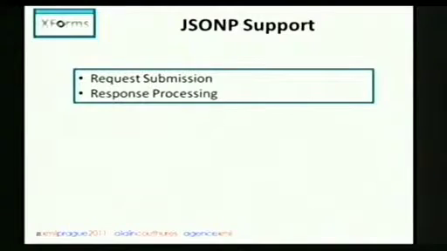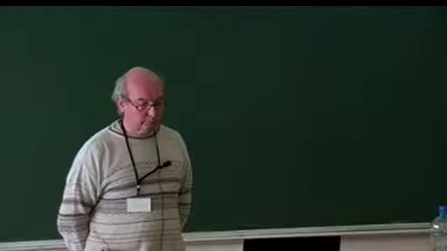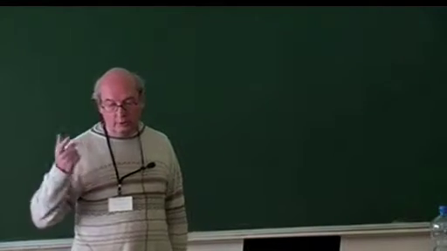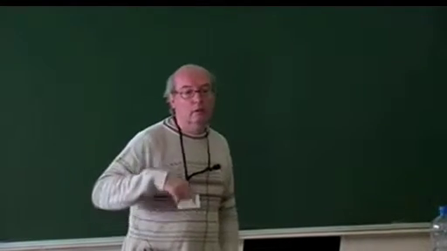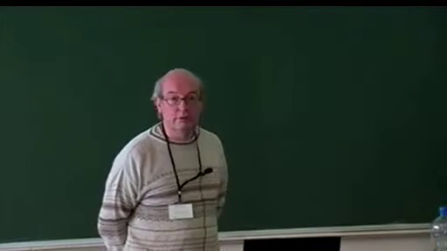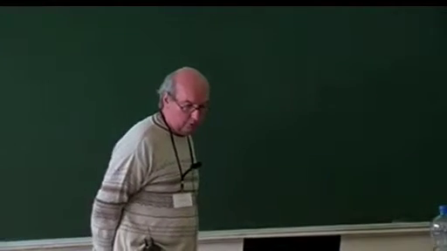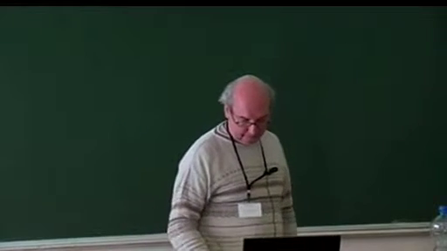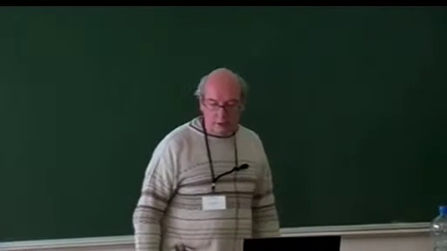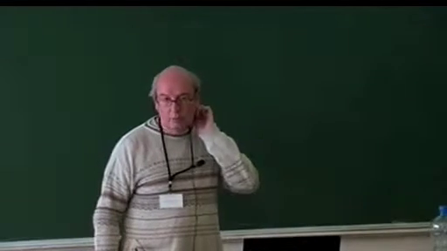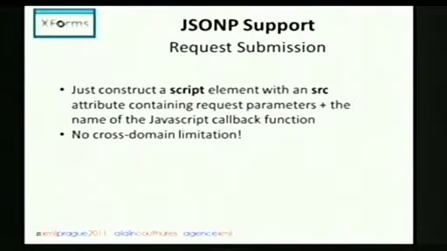Okay, so now let's consider the JSONP context. What is JSONP? It's about using APIs on different servers and being able to get data from them. The JSONP trick is just about adding a script element with an src attribute with parameters.